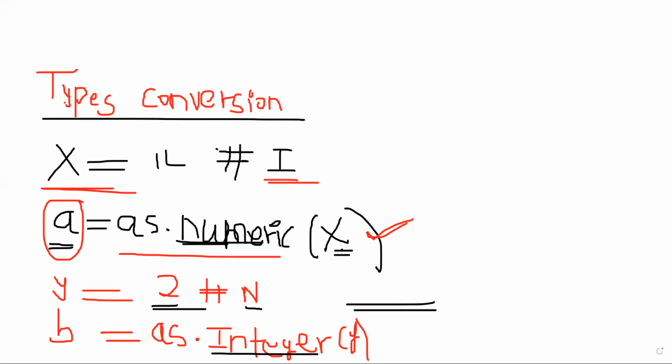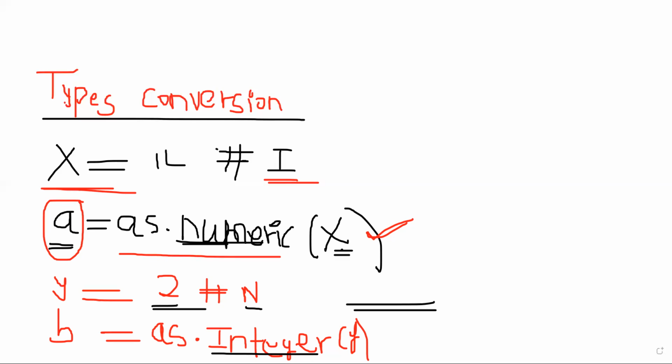Now if I see the class of x, it's an integer. If I take the class of a, which has the value of x, its data type is changed, it's numeric. You can see here, initially x is an integer, and we assign a new variable which has the value of x, but we have changed its data type.